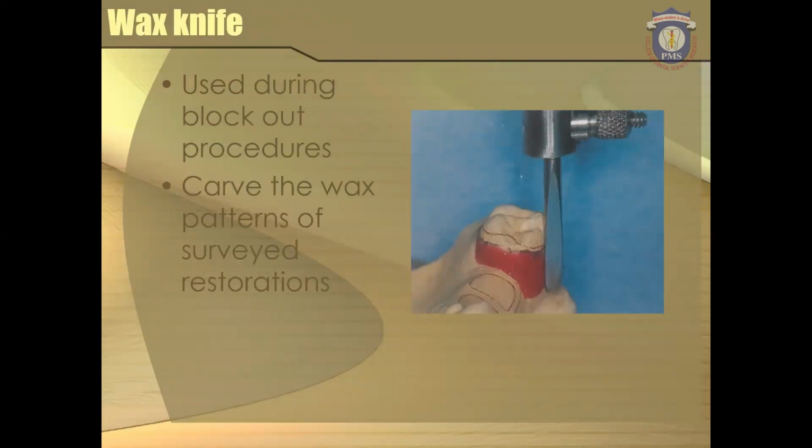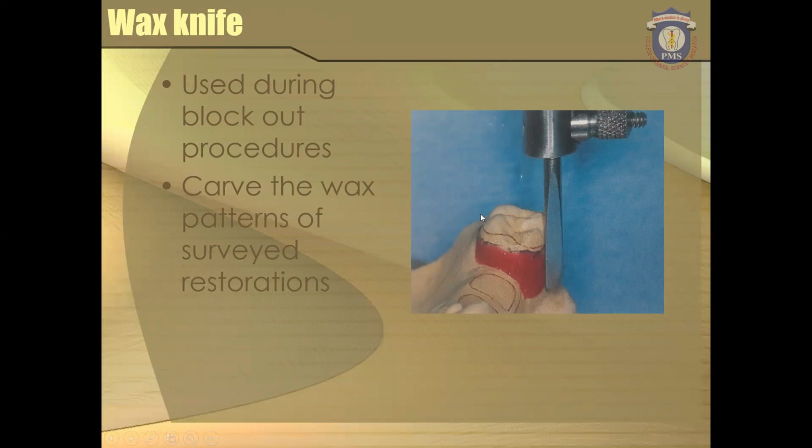Next is the wax knife. This is used during blockout procedures. Okay, this also carves the wax patterns of surveyed restorations. As you can see in this picture, the wax added is being trimmed by this wax knife. The excess wax will get trimmed using this wax knife.